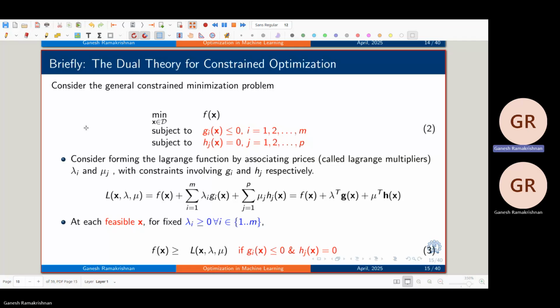Is this clear? Looks like a little leap of faith, but it's quite intuitive. Of course, we can do it in a very rigorous manner, but we won't have time, so I'm only going to focus on intuition. If you're interested in very rigorous proofs, you can go through some of my previous lectures on convex optimization. I'll be showing links to those videos. But this intuition should be good enough. Any questions?